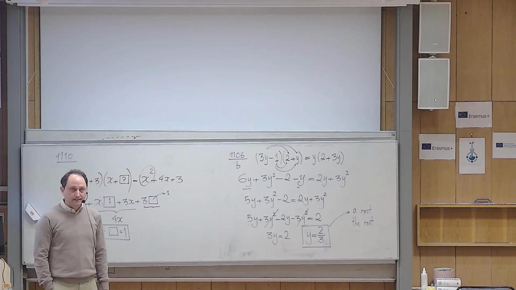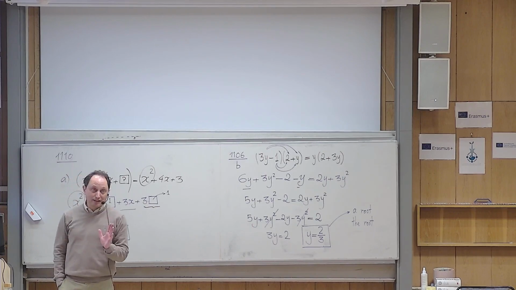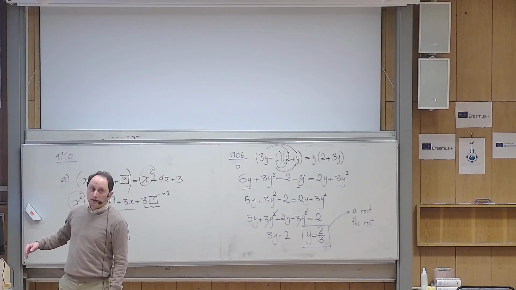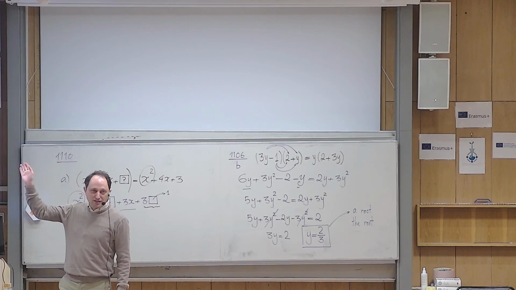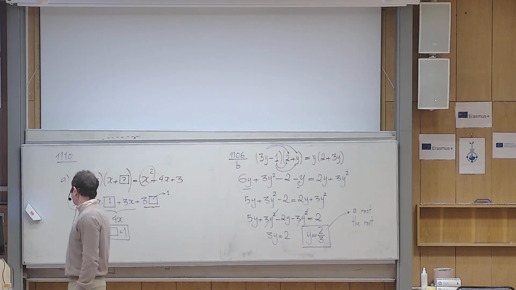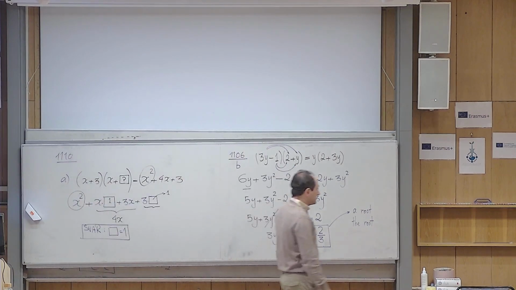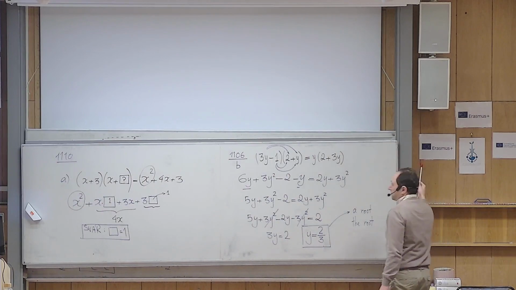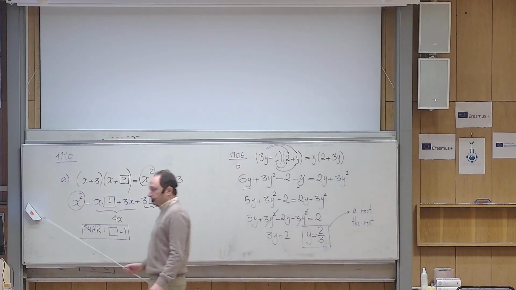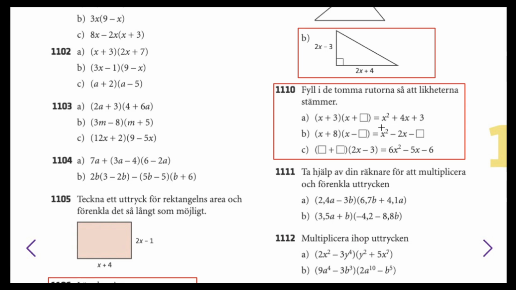About the second one. Can the box be different? Yes, that is why I'm saying this is not a very good way. This is a strange way of writing things. So in mathematics, when we use this symbol, let me just show you here. Don't think that what you have to put on the left is exactly what you have to put on the right.